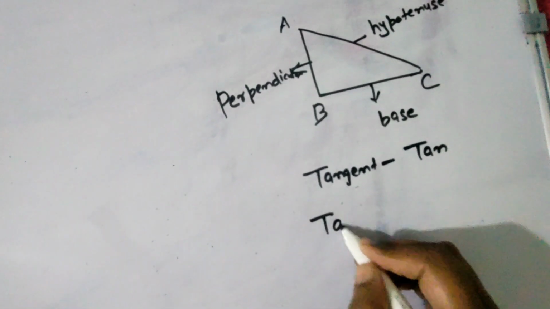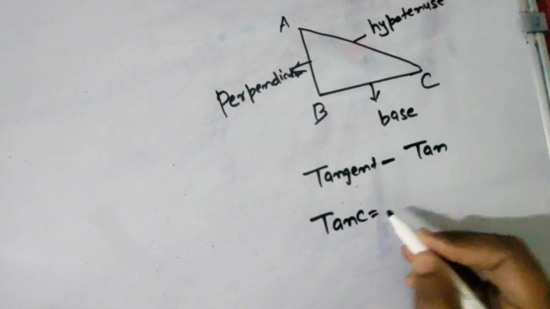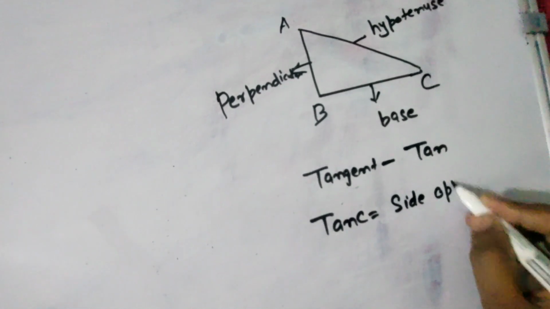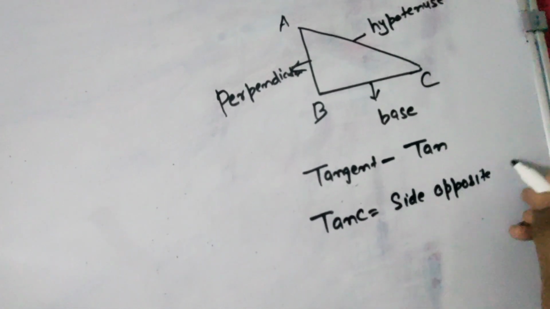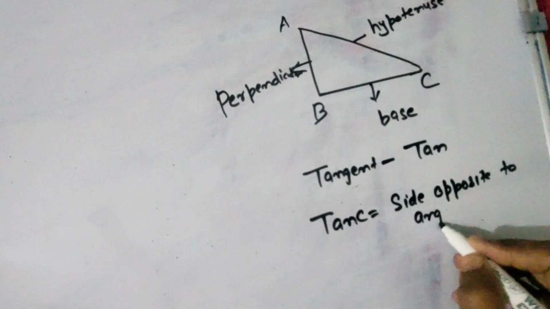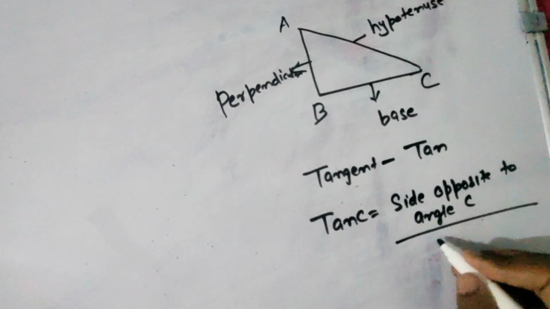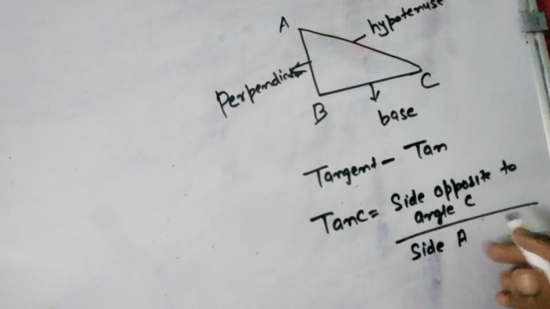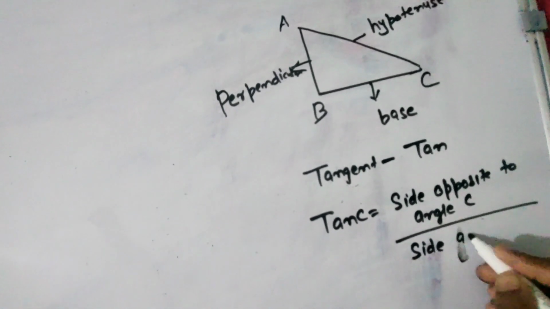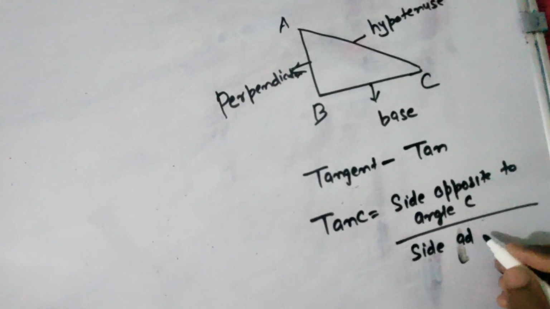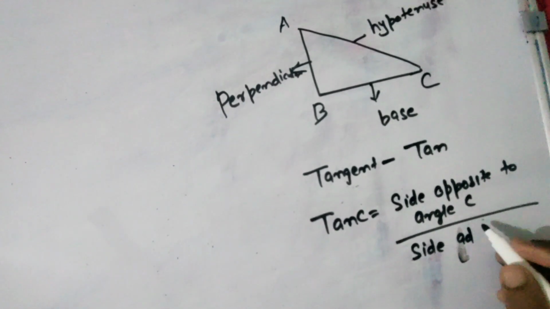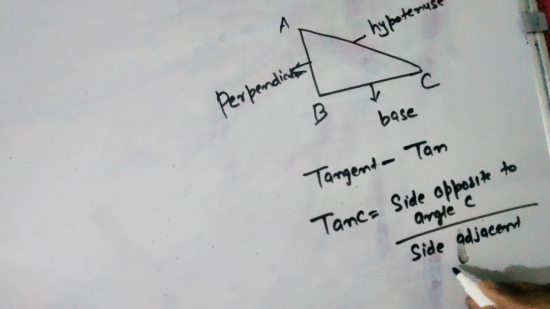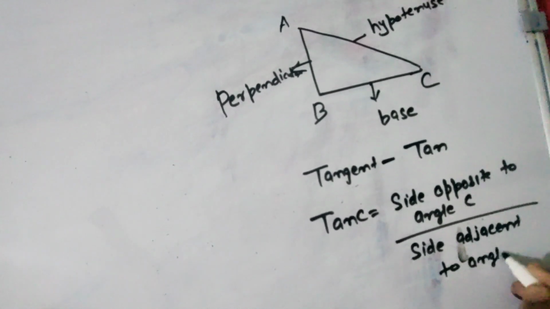I find tan C, this angle. What is the side opposite to angle C divided by the side adjacent to angle C.